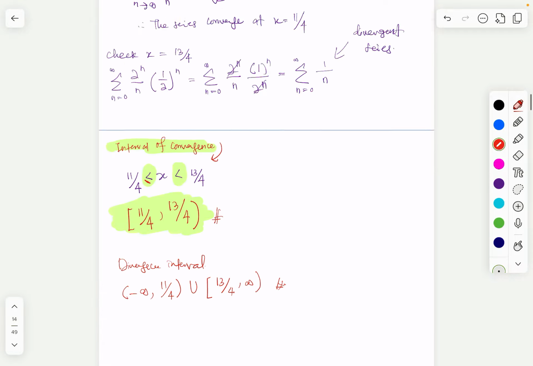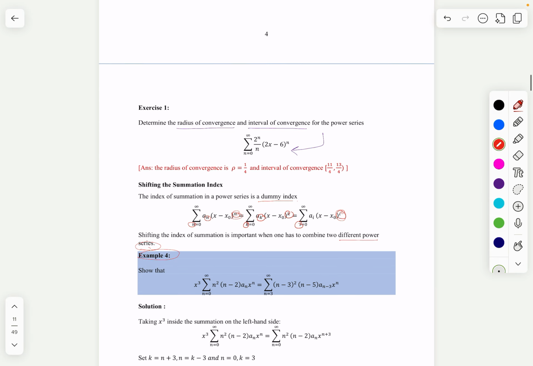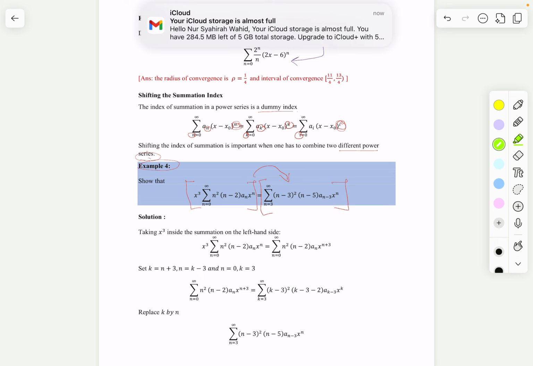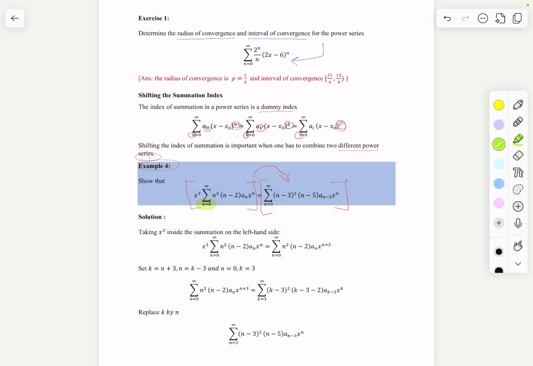Example 4. What does it want? Show that this part is equal to this part. It means, how can we shift the index? Look at the difference between these two. This one has n equals to 0, and this one n equals to 3. It starts from 0, and this one starts from 3.